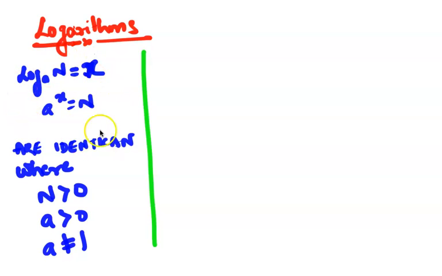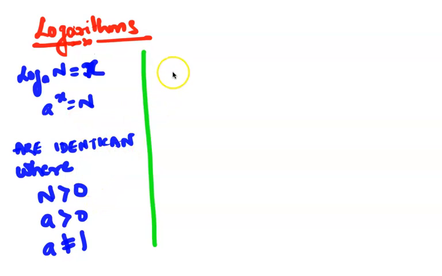So these two have an identical meaning, where n is greater than 0, a is greater than 0, and a is not equal to 1. Right? In this video, we will see why this is true, or why these have to be the required conditions for us to solve for x. But let's start with a very simple problem.